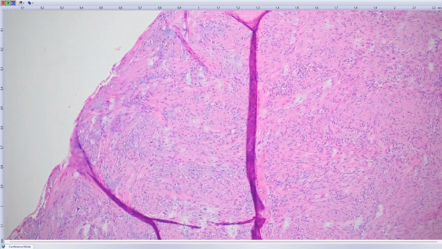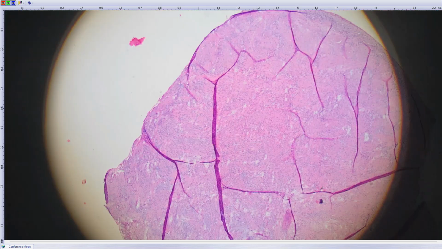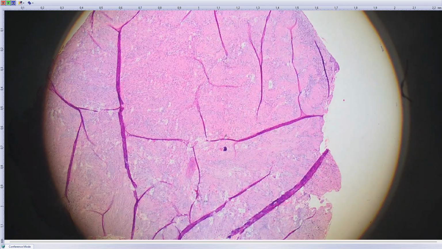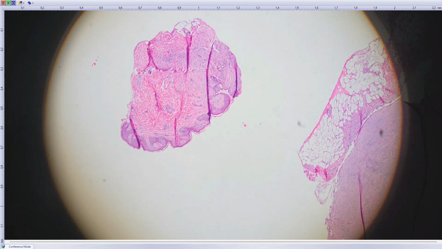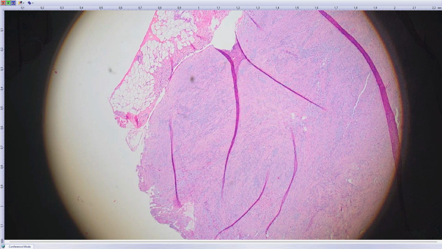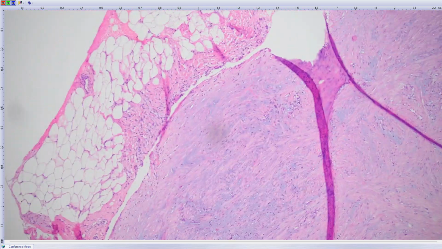Most commonly you will see myofibroma as a solitary adult lesion, as the name implies. But rarely these tumors occur in an inherited setting. It's called infantile myofibromatosis, and then the patients present with multiple, typically cutaneous lesions.